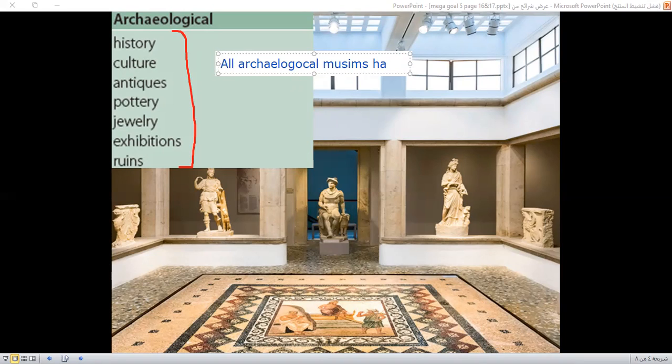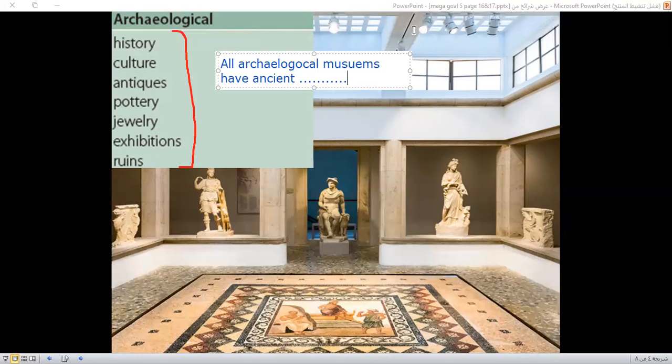Have ancient ruins. Okay, in any words that I'm going to use, you should be familiar with the word ruins, and it's going to be from the words in a box.